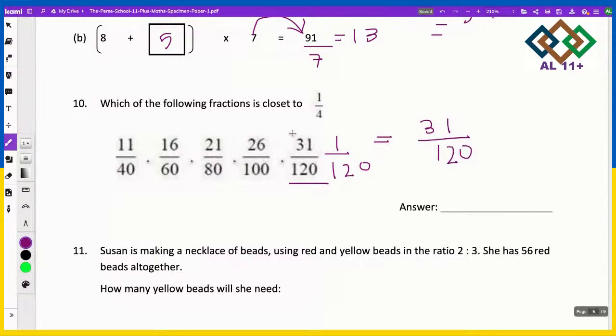So your answer would be this one. Or another way of doing this one is you could make all the fractions the same, because they have 40, 60, 80, 100, 120. So you could try making them the same and then try doing it.